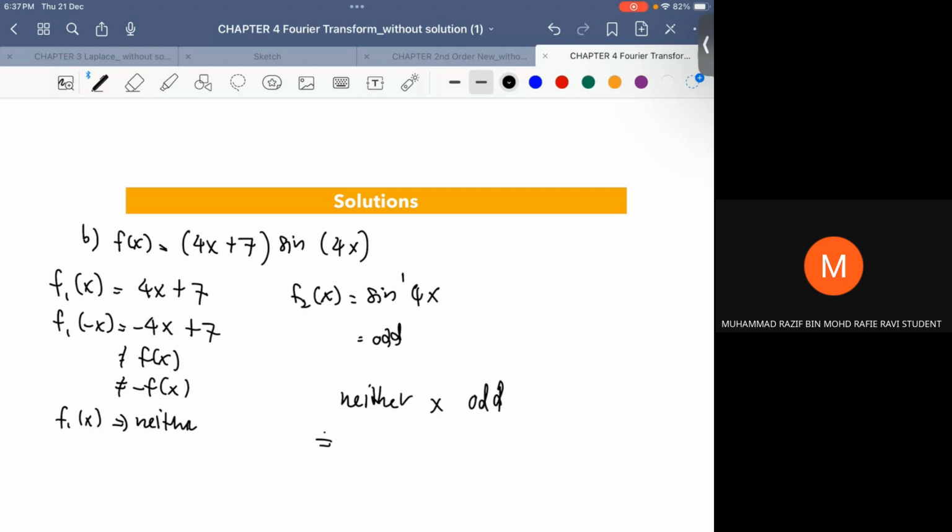This product will always be neither function. So the result is neither function.